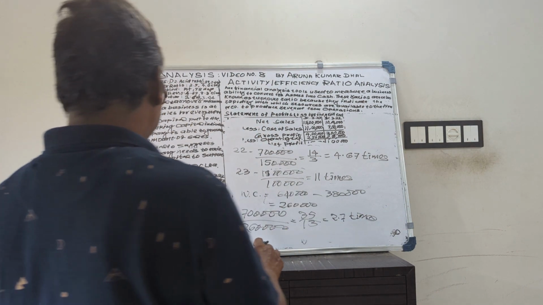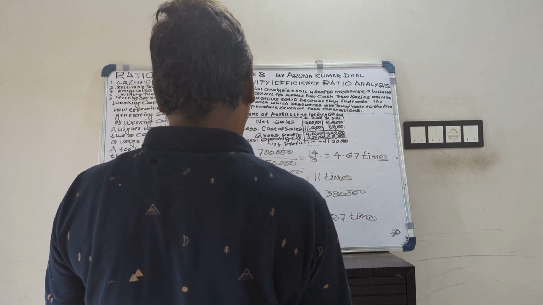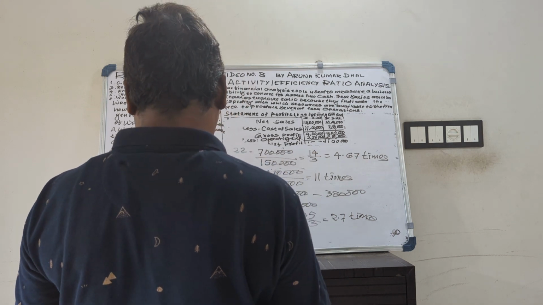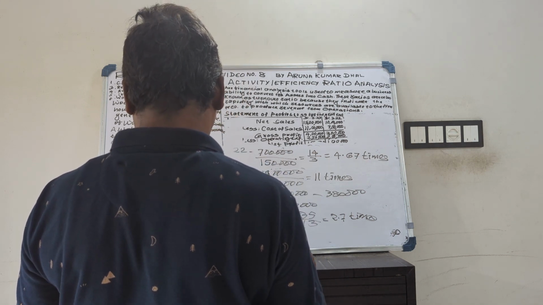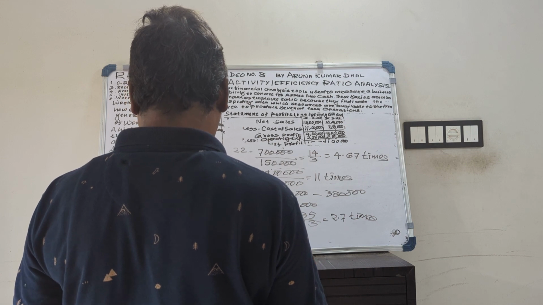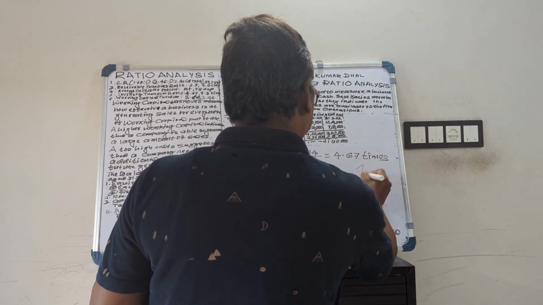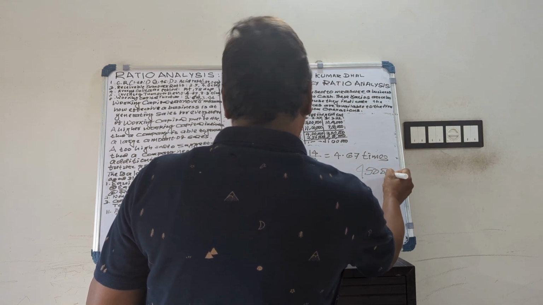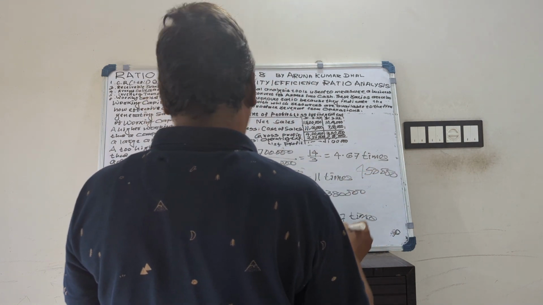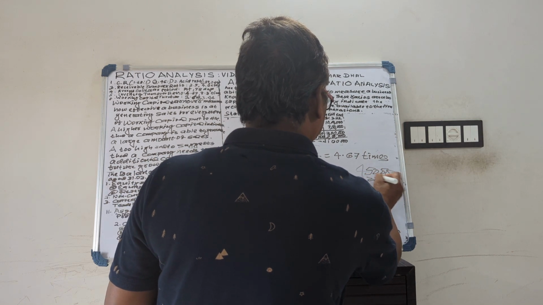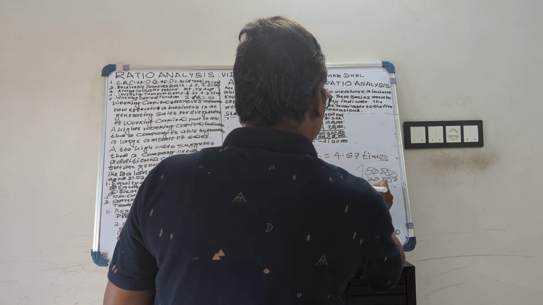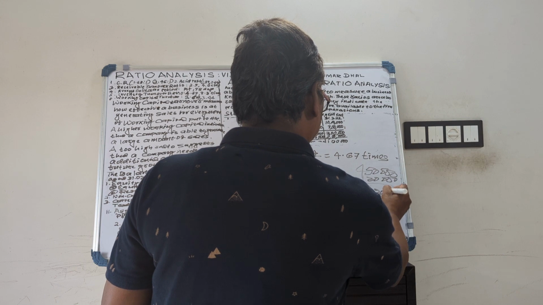Then in 2023, current asset is 4,50,000 minus current liability of 1,30,000. So it is 3,20,000.